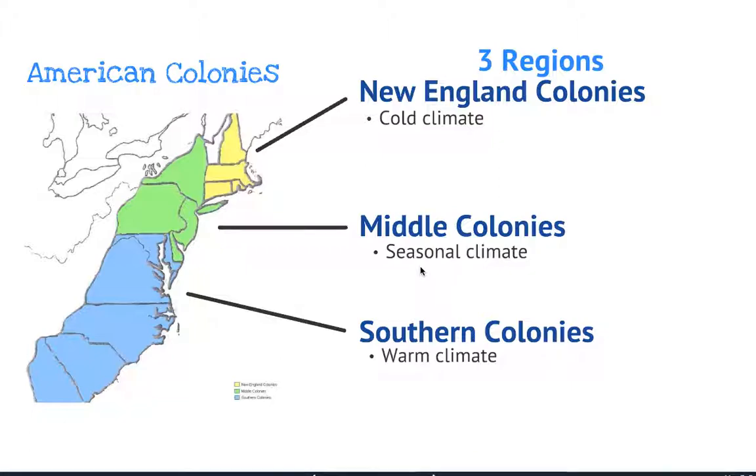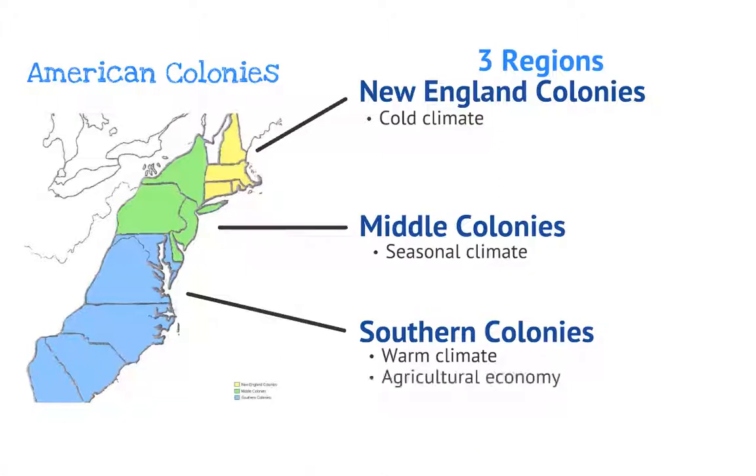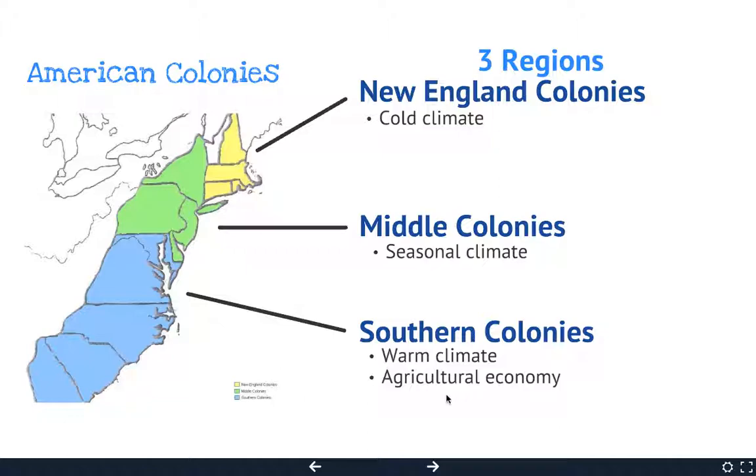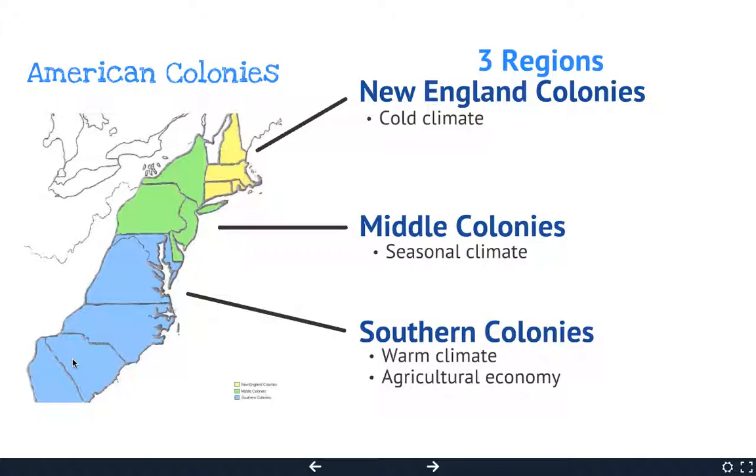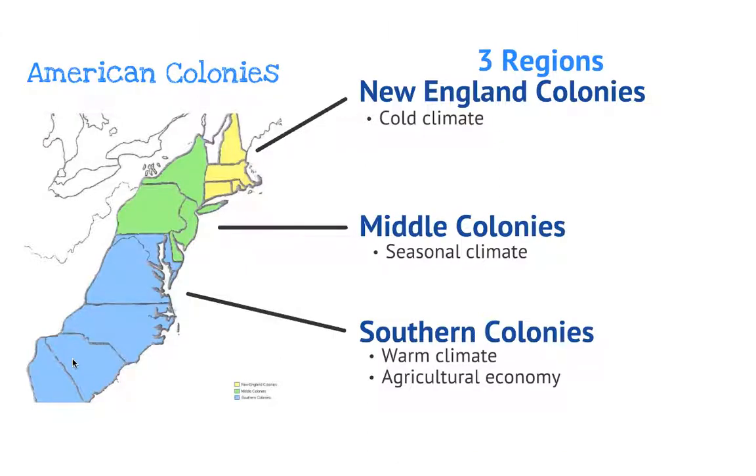The weather, as well as the soil, ends up impacting what they can do for money. In the South, because we have such long summers, all the way from Maryland down to Georgia, we have a climate that feeds into an agricultural economy, so we are growing things like tobacco, indigo, cotton, and corn.